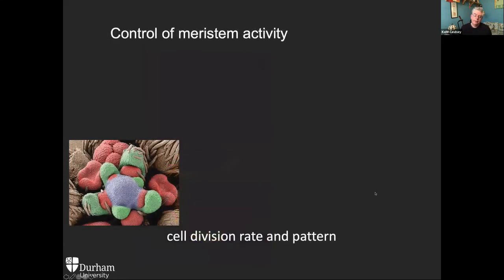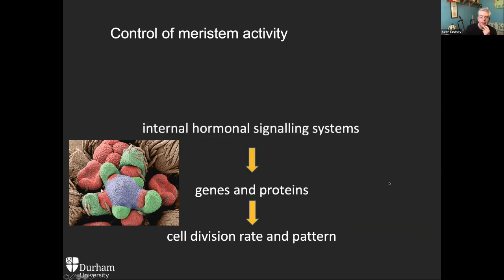So the questions that bother people in plant biology at the moment is how does this work? So you've got very controlled rates of cell division and patterning of structures from those dividing cells. And this is regulated by genes being switched on and making proteins. And the activation of those genes in the right place at the right time, in a spatially and temporally controlled way, is mediated by internal hormone signaling systems.